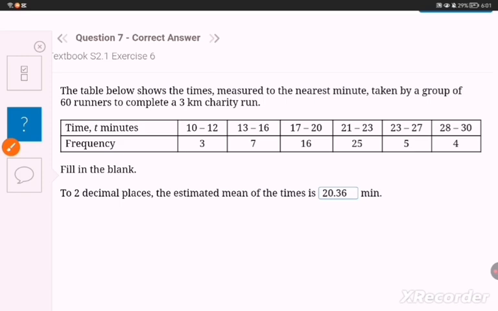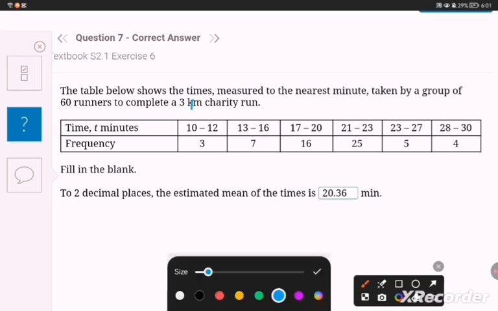Now, for question number 7, it's kind of the same concept. You just find the midpoints, multiply them by the frequencies over the total frequency. So the midpoint, once again, is 11, and then 14.5, 18.5, 22, 25, and 29.